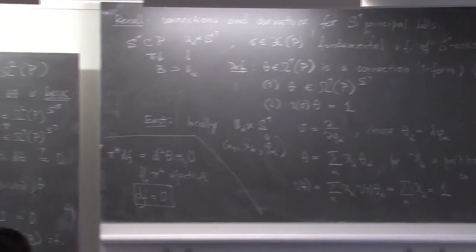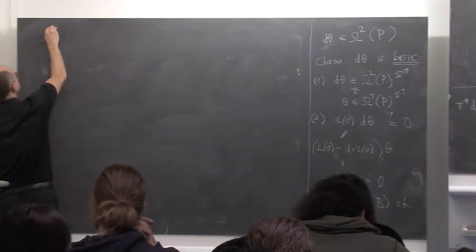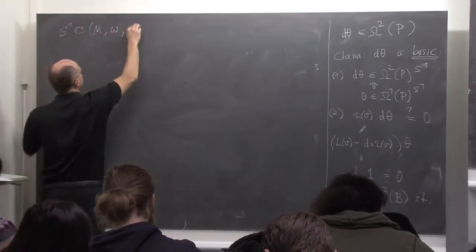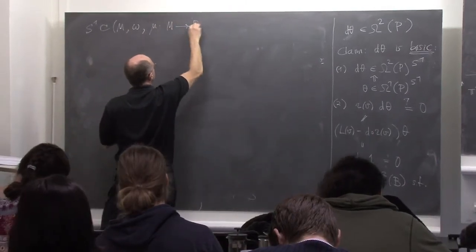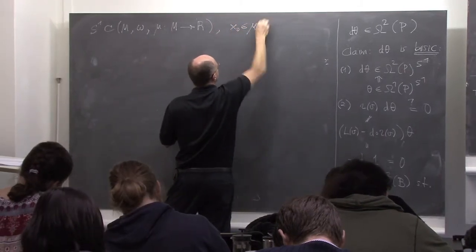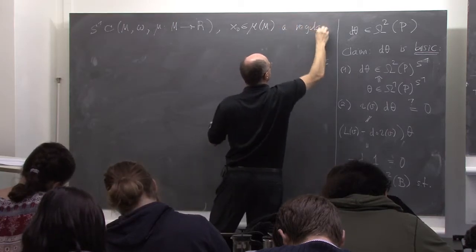So recall we have S1 acting on M, omega. We have this function mu from M to R, and x naught in mu of M is a regular value.